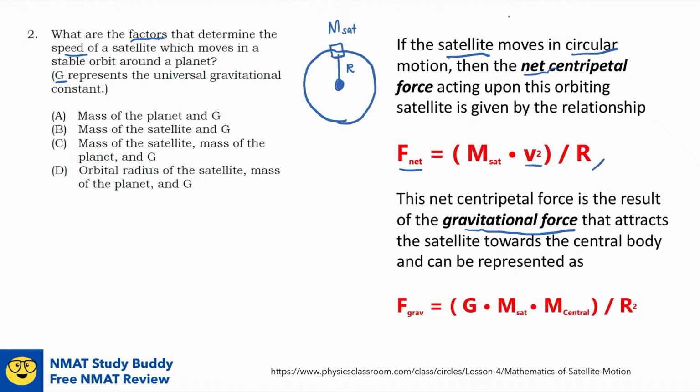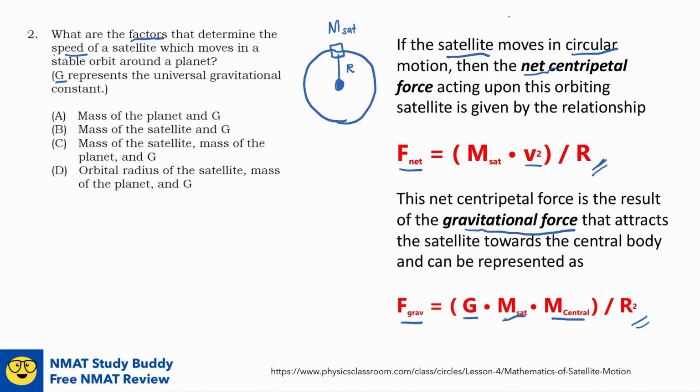So, ito daw, itong formula na to, came from the gravitational force formula that attracts the satellite towards the central body and can be represented as, yan, yung gravitational force is equal to the gravitational constant times yung mass ng satellite and times yung mass ng central planet all over yung radius squared.